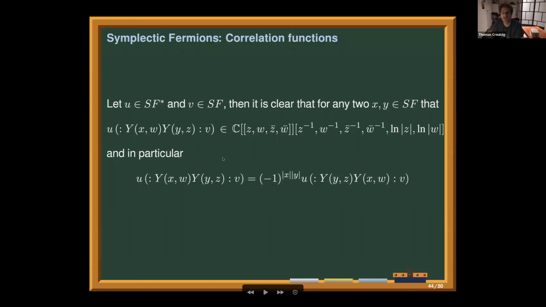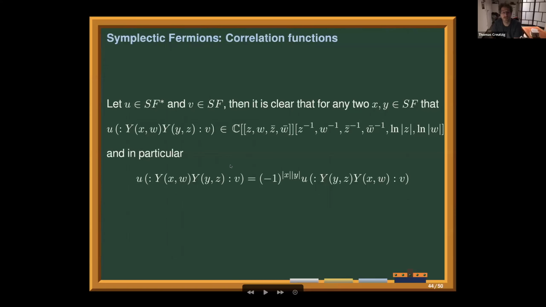first of all, just because the fields are expressed as power series in z, w, z bar, w bar, and the inverses and the logarithms, it's clear that any two-point function is, of course, such a power series.